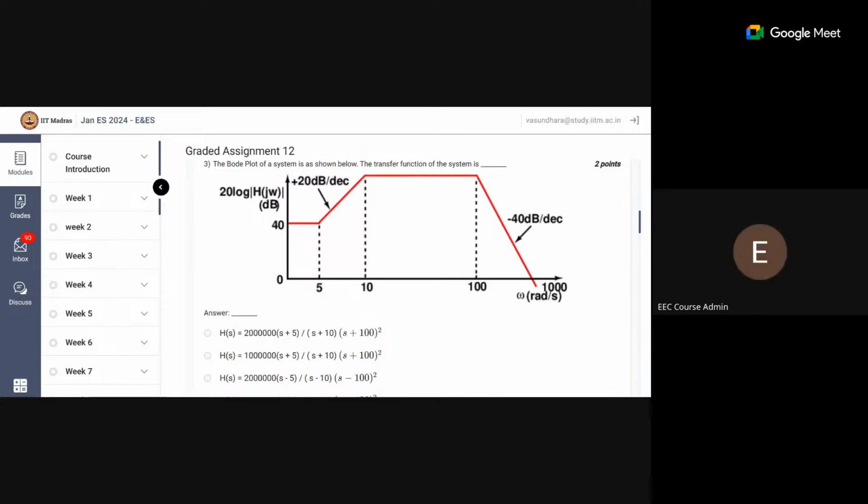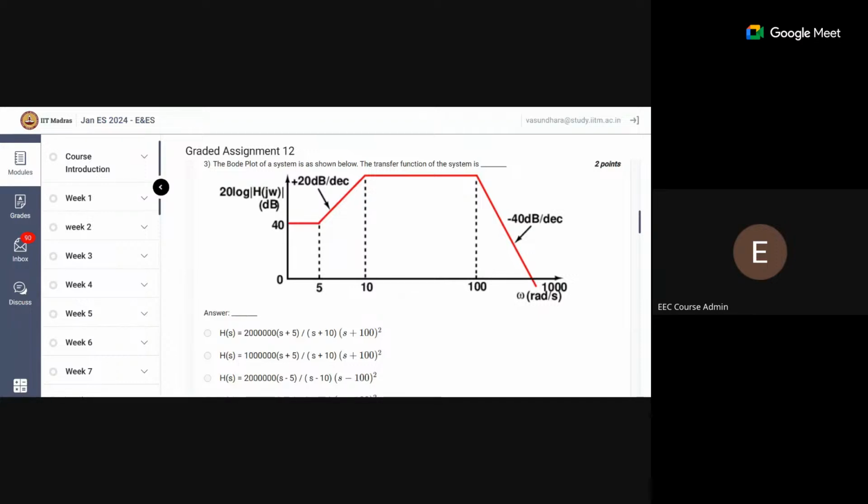When you make it in the standard form, which is 1 plus S in that form, and you change the constant value, you will get it as 100. In the standard form you get that constant value, whatever A or K, as 100.